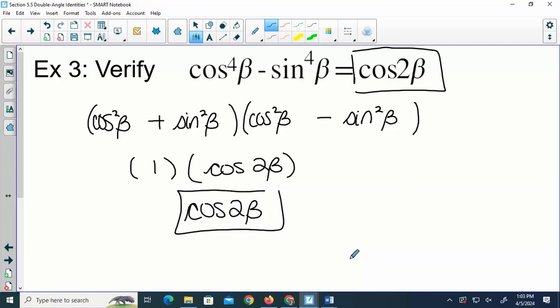How'd we get there? The 1 and the cosine, you mean? From our identities. That was the first Pythagorean identity: cosine squared theta plus sine squared theta equals 1.